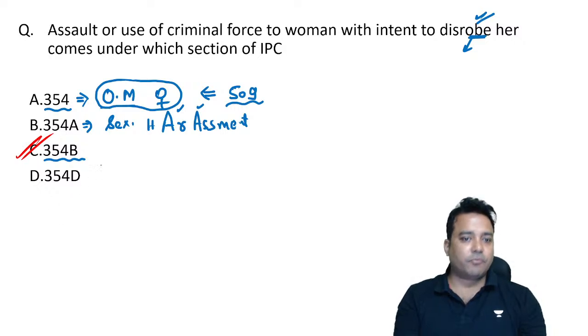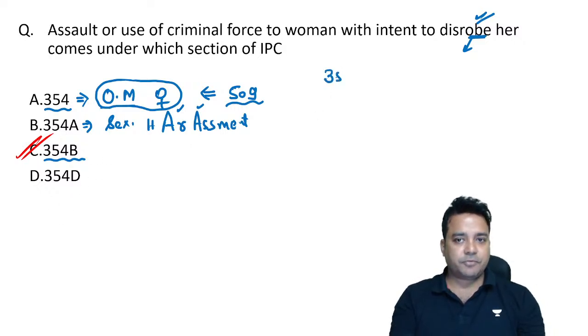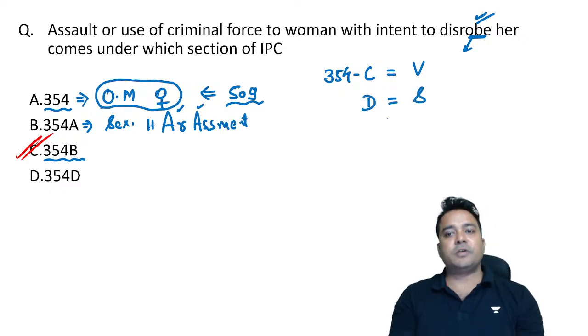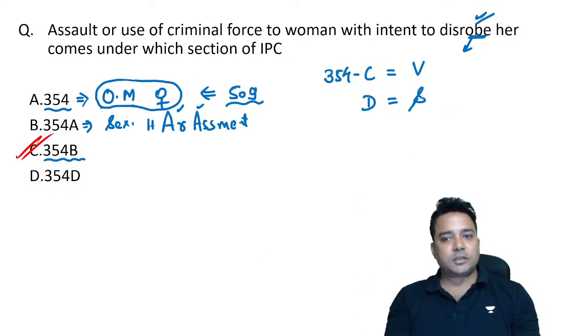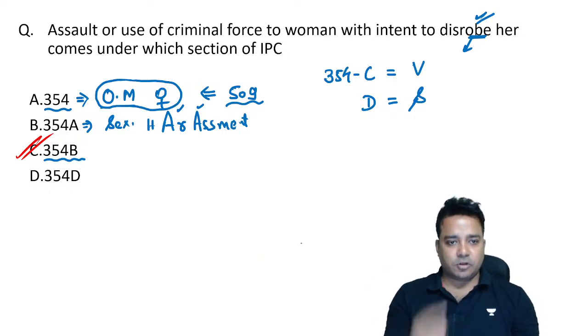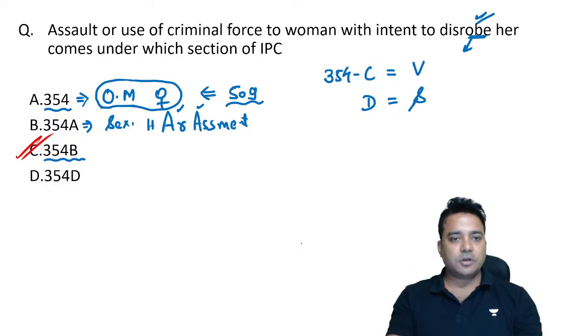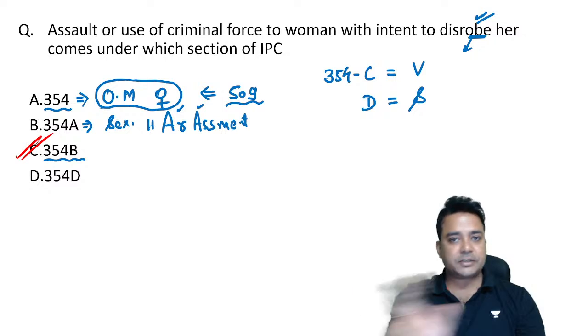C goes with voyeurism. 354C goes with voyeurism, also called as peeping tom, and 354D goes with whoever is following a female physically or digitally with prior disinterest shown by the female, called as stalking a female. All these are sections in relation to sexual offenses to a female. These are one-way sections.